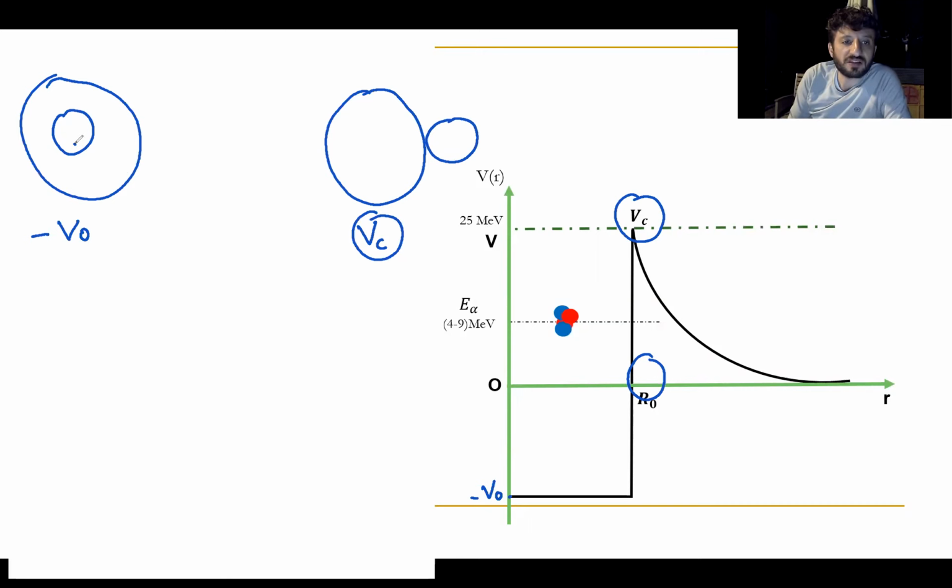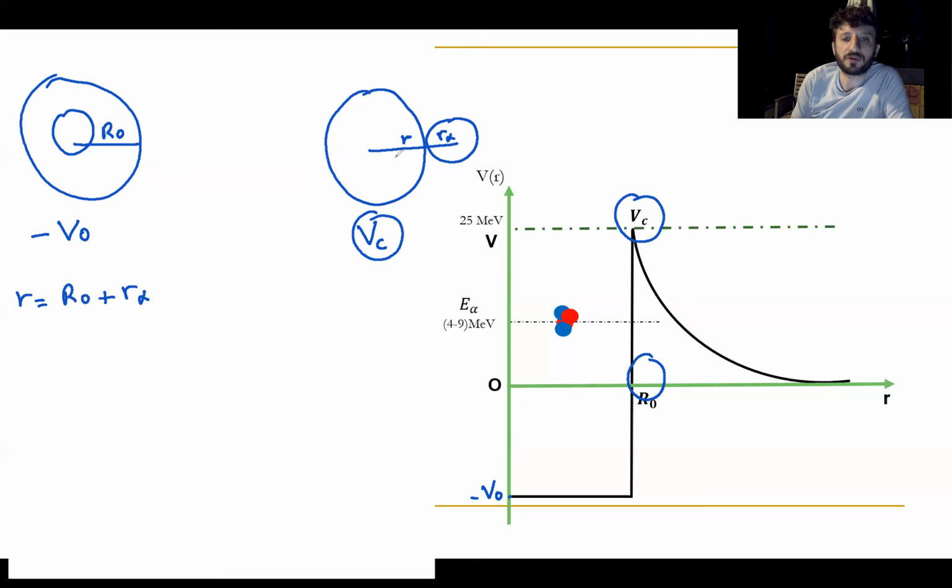The radius of the nucleus will be R0. When we have the alpha particle outside the nucleus, the total R will be equal to R0 plus R of the alpha particle.